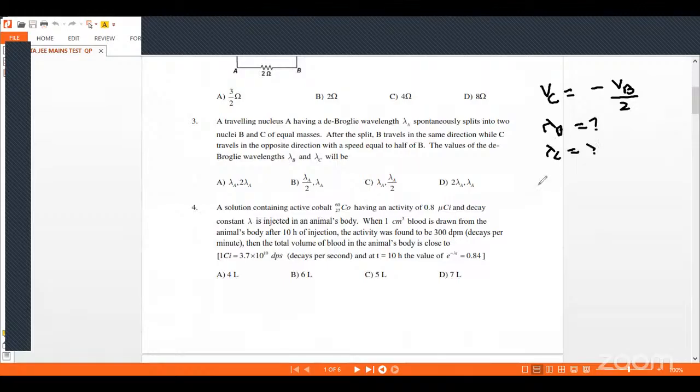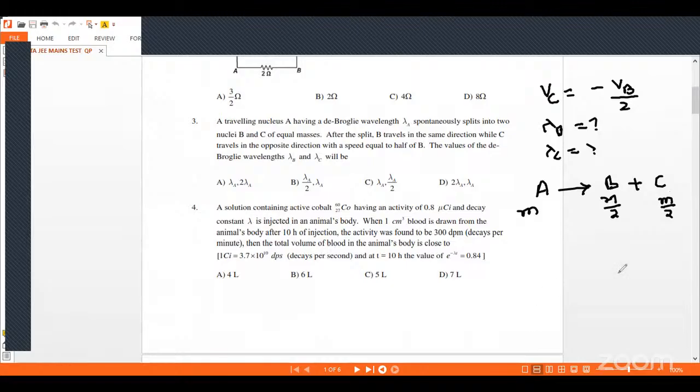So initially nucleus A splits into B and C. Let us consider the initial mass of A as M. B and C have masses M by 2 and M by 2.